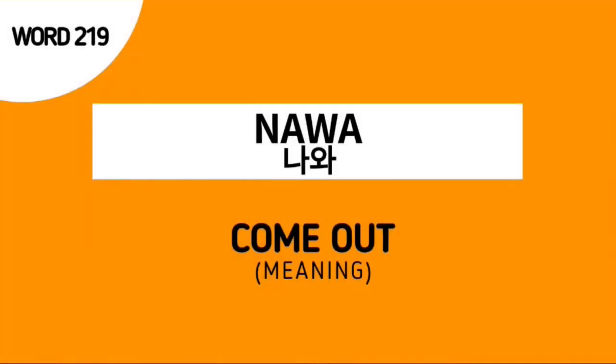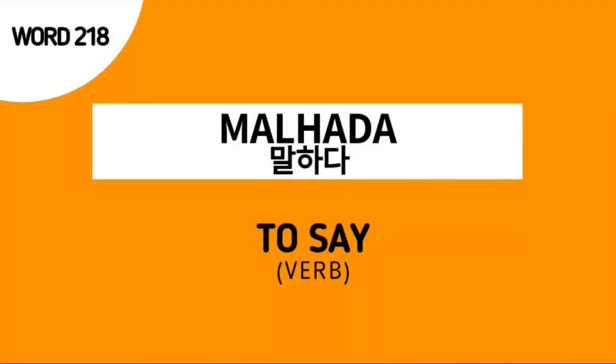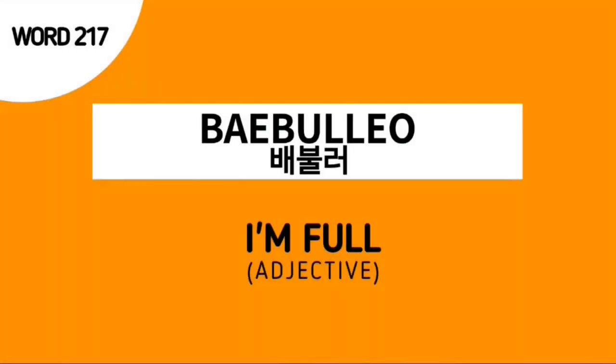Word number 219, 나와, and this is used to say come out. Word number 218 is 말하다. This is a root verb which means to say. Word number 217 is 배불러, and this is used to say I'm full.